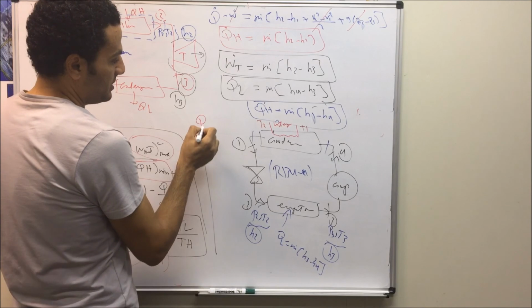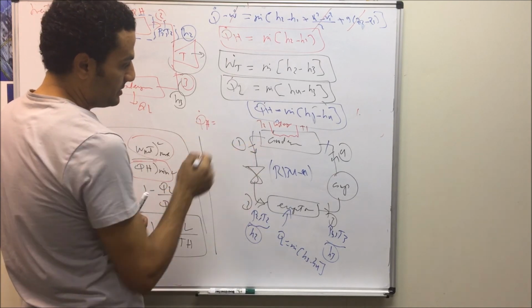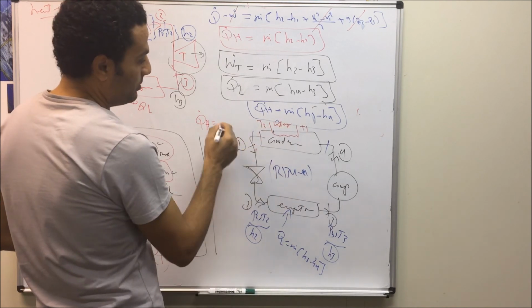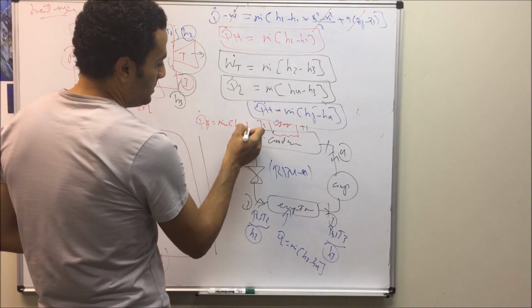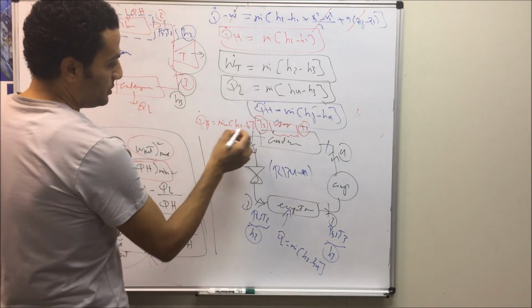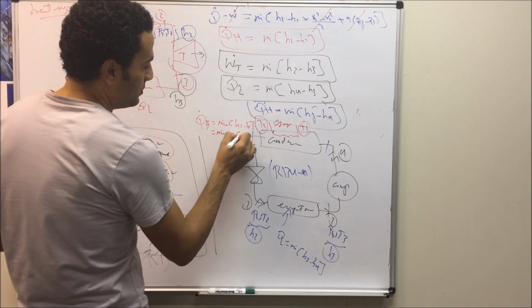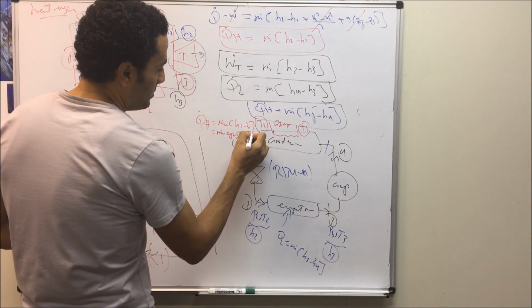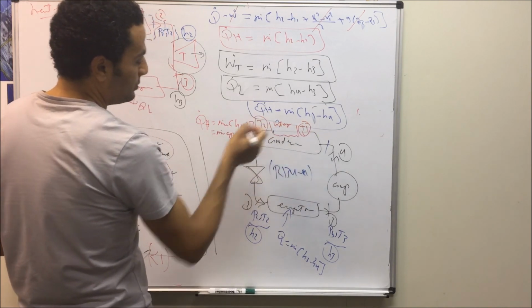So in this case, the heat lost from the condenser, which is Q dot high, will equal to the heat absorbed by water, which will equal to M dot water multiplied by H2 water minus H1 water, so it will equal to M dot water, Cp water multiplied by T2 minus T1.